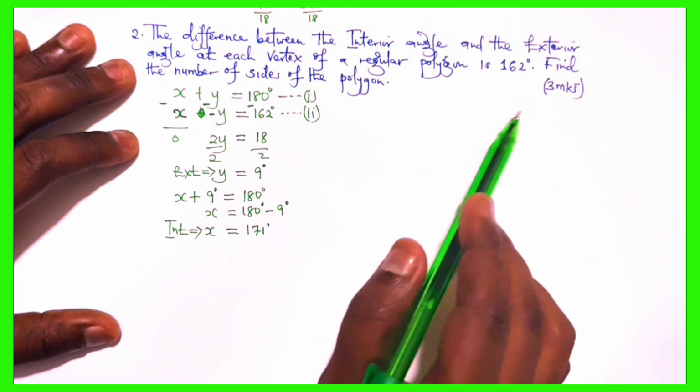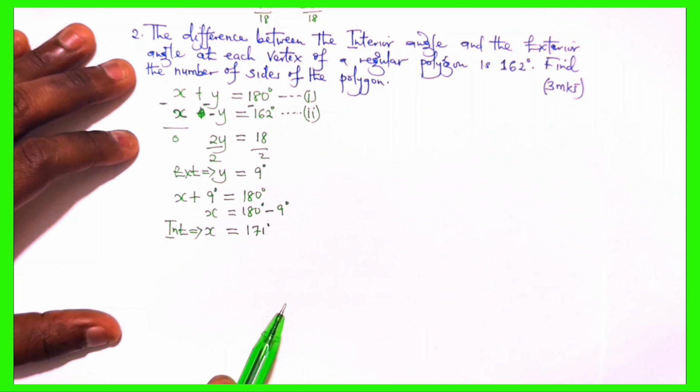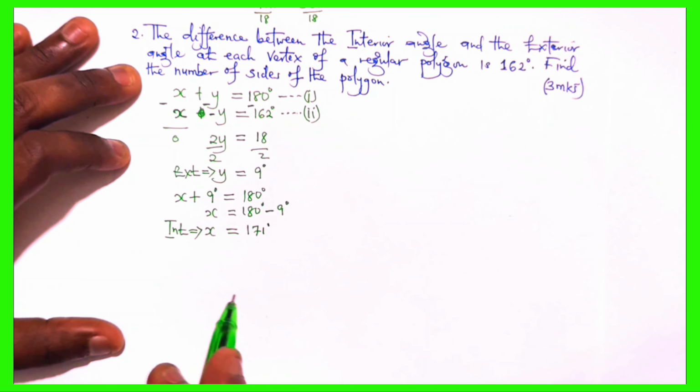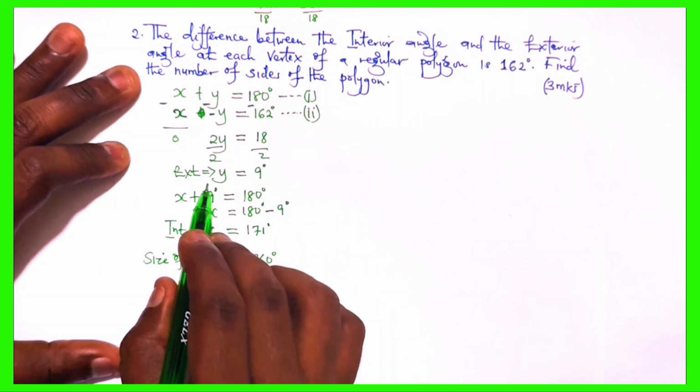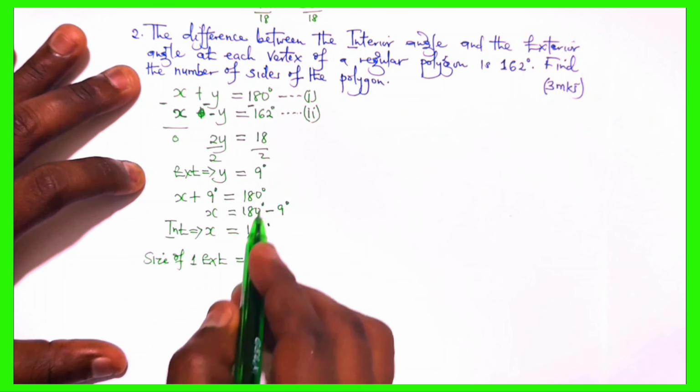Now, the question is asking us to find the number of sides of the polygon. Again, we use the fifth law, which states that the size of one exterior angle will be equal to 360 degrees over n. And for this case, our exterior angle is 9.